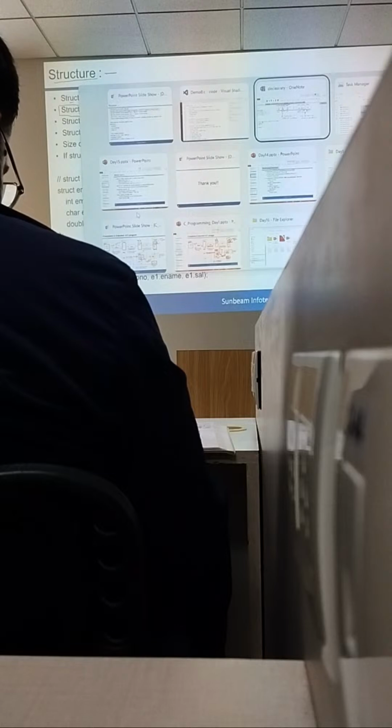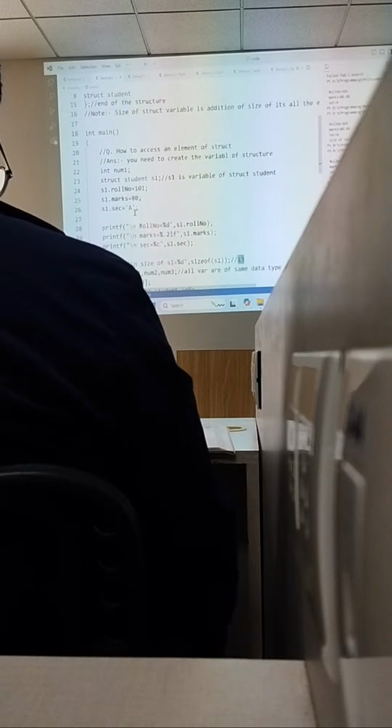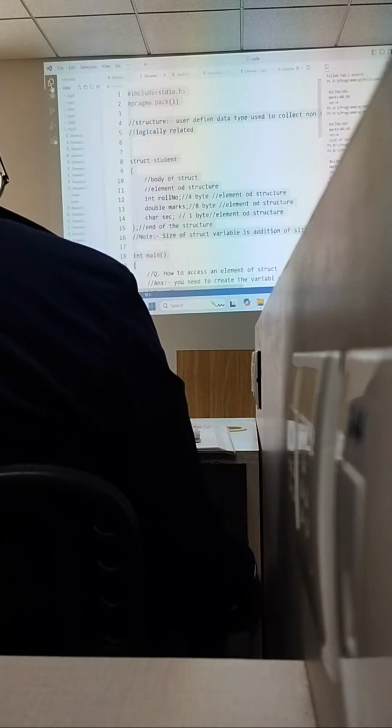Next, right here you might have observed that whenever I create a variable of a structure, we get some garbage value. That means elements are initialized with garbage values, and I don't want to initialize my structure variable with garbage values. To avoid it we can use an initializer list. So it is demo number 9.c.